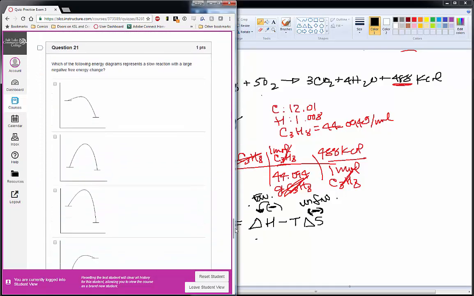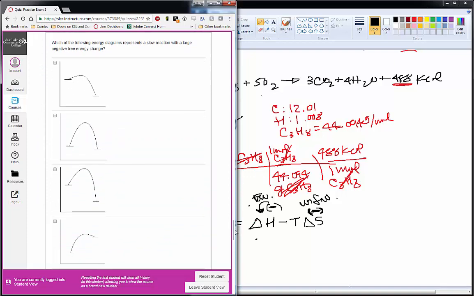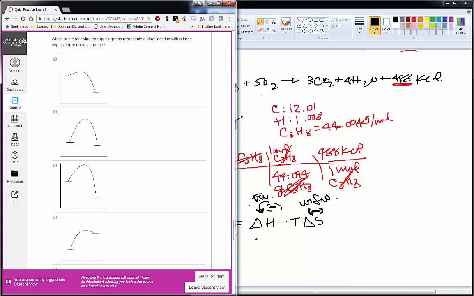Next, we want to select the energy diagram which has a slow reaction with a large negative free energy change. So negative free energy goes from high to low, and they want a big one. So this would be a large negative free energy change. And a slow reaction has a really big activation energy.